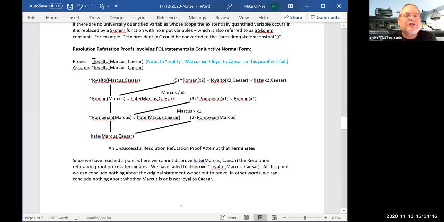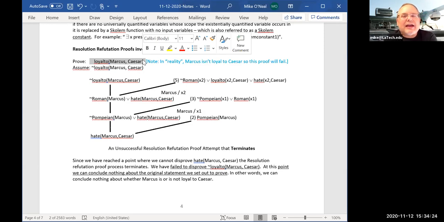Let's say that we wanted to prove that Marcus is loyal to Caesar. I want to prove that Marcus is loyal to Caesar. Now, I will whisper off to the side some spoilers. In reality, and I put reality in quotes because I mean in the reality that we're defining with these nine statements, Marcus isn't loyal to Caesar.